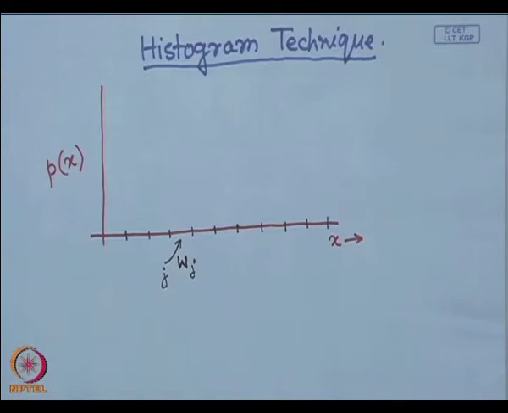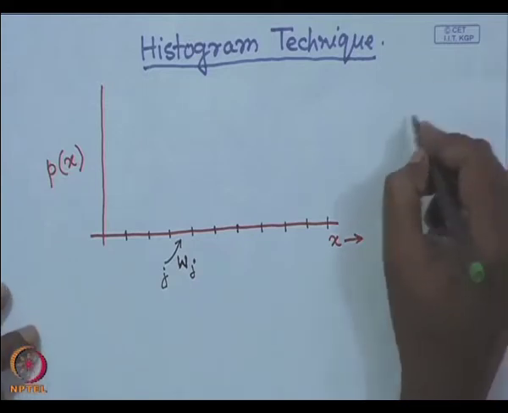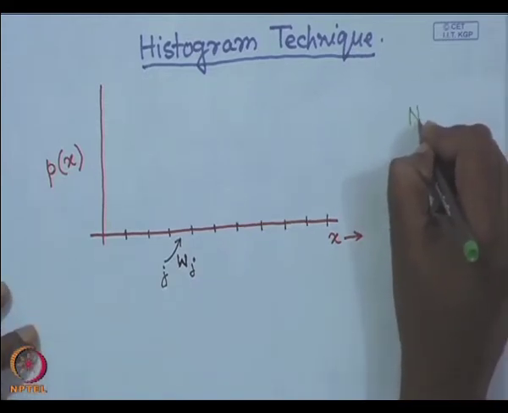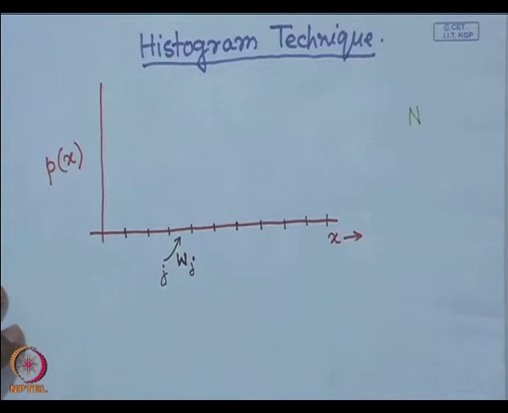So, what I need to do is check all the samples and find out, out of all those samples, suppose I have a total of capital N samples, how many samples actually fall within this jth interval.